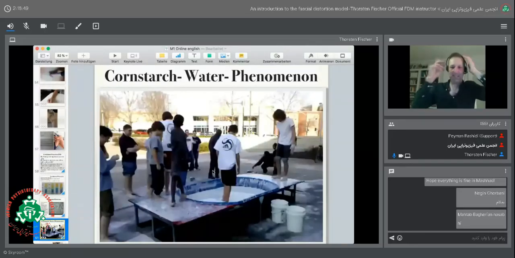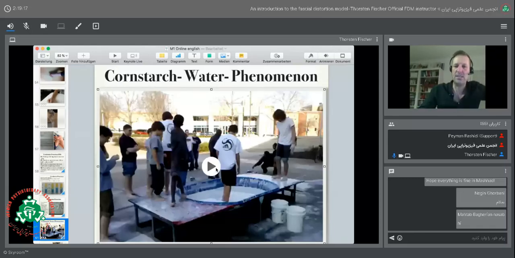So I brought it last time for the seminar. If I come back to Tehran, I will bring it. But I think you should buy it. I don't know the name in Farsi, but cornstarch is a non-Newtonian fluid, so it doesn't react like water. It always reacts to the external forces, and this is how I imagine the transition between ligament and bone.